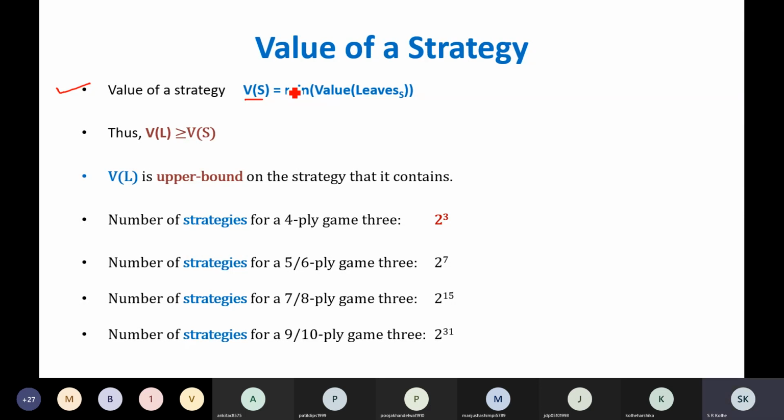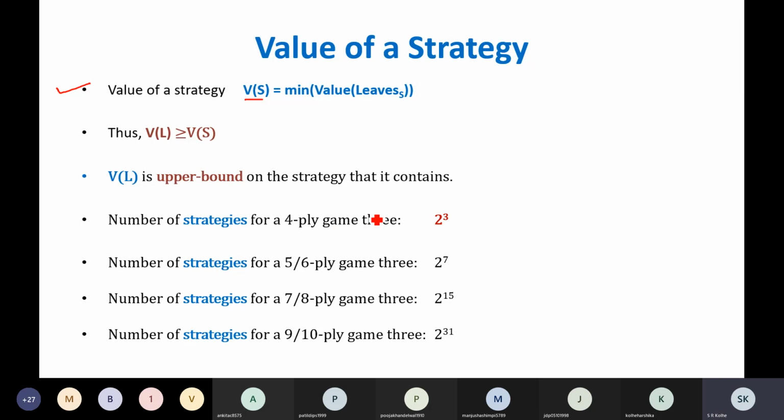So value of any given strategy for Max, we are defining it for Max, remember, is the minimum of the values of the leaves in that strategy. Why? This is because the strategy freezes the choices for Max, and we are going to assume that Min will play perfectly.